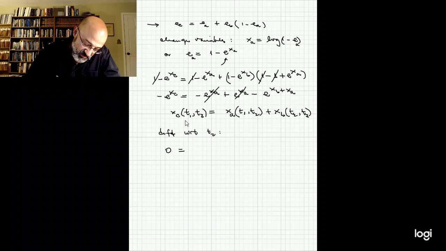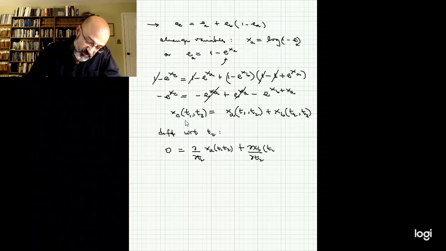On the right you get dXA(T1, T2)/dT2 plus dXB/dT2, which is a function of T2 and T3.